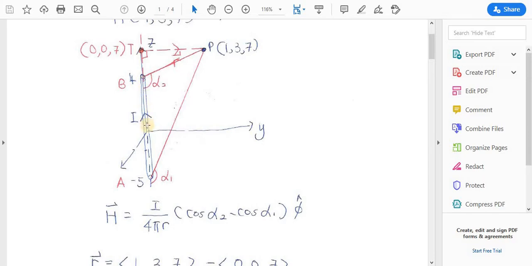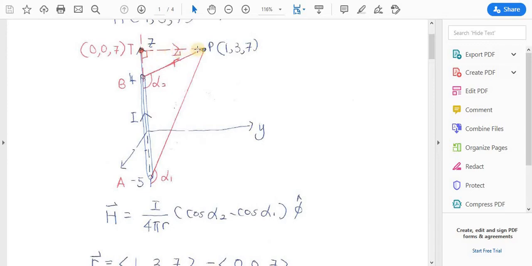In this case, the current filament starts from here and ends at 4. So in order to get 90 degrees here, you need to extend the length of the current filament, so that you are able to draw a straight line that forms 90 degrees with the line that connects the point P.